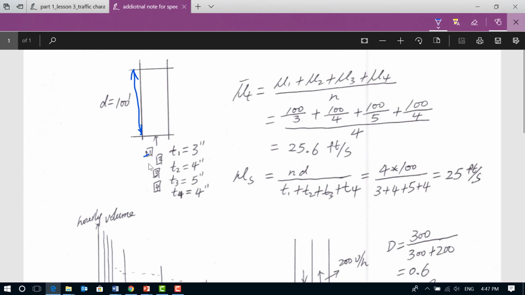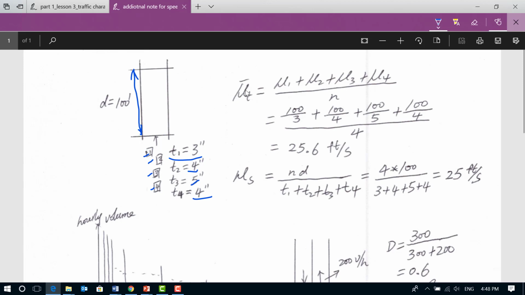And assume we have 4 vehicles, vehicle 1, 2, 3, 4. It takes 3 seconds for the first vehicle to traverse this distance, and 4 seconds, 5 seconds and 4 seconds for the second, third and fourth vehicles.